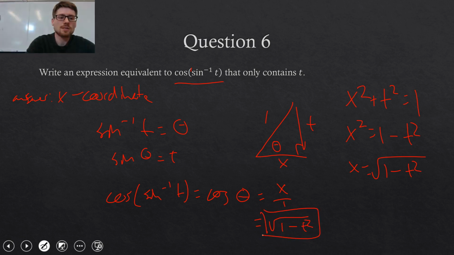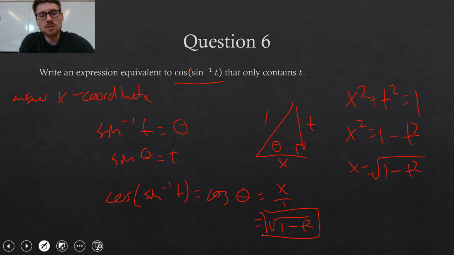And it's important to think, okay, does this make sense for values of t that I could plug in? This works for any t you could plug into sine inverse.